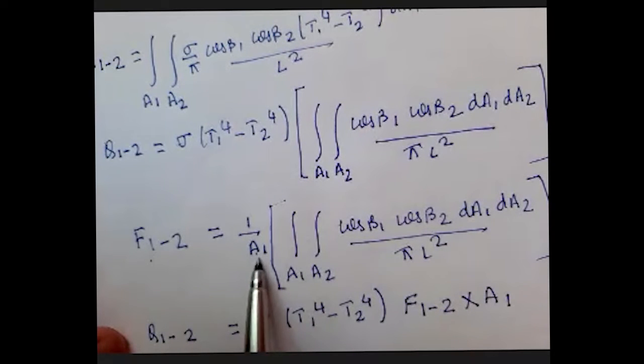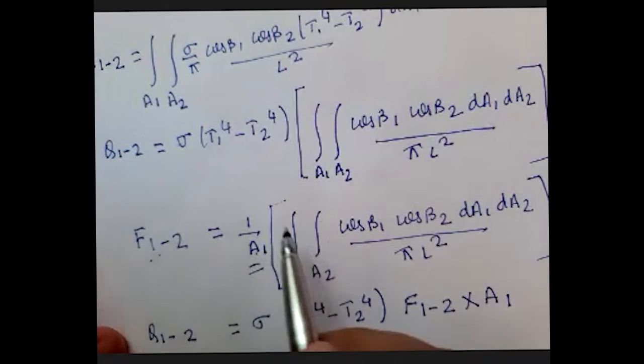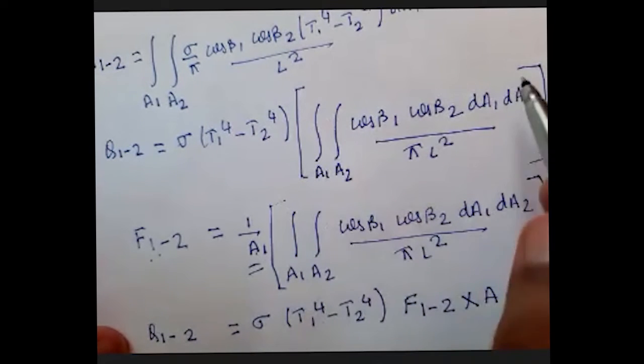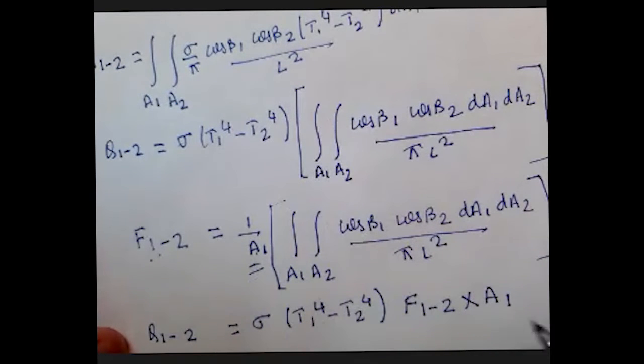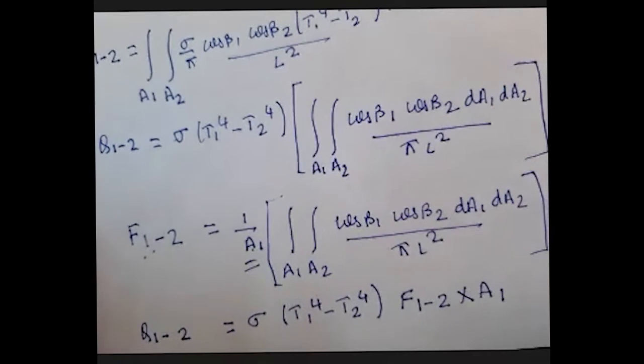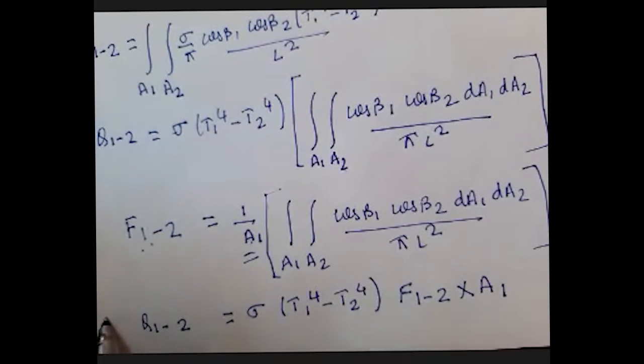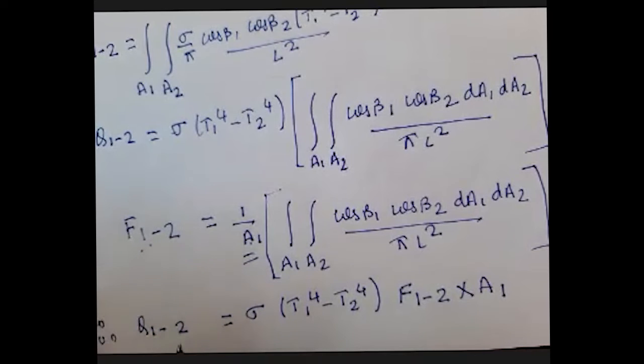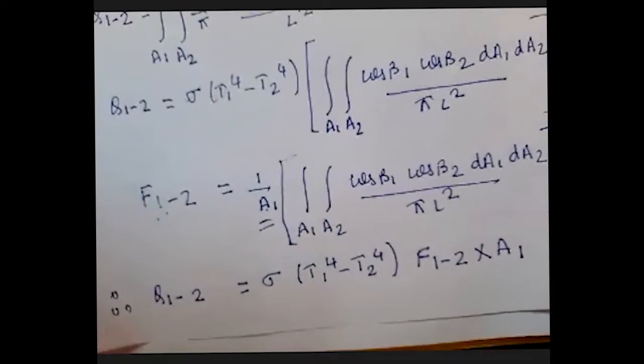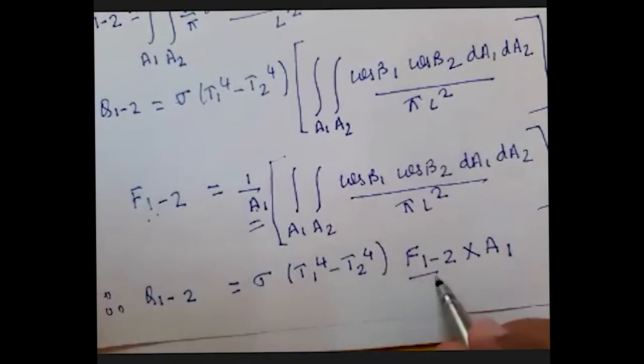This A1, I'm going to take here because I'm substituting whatever is in the square bracket, so I'm taking it to the other side. So the heat exchange between the two finite surfaces will be equal to sigma into T1 raised to 4 minus T2 raised to 4, F1 to 2 into A1. This is about the shape function for 1 to 2.